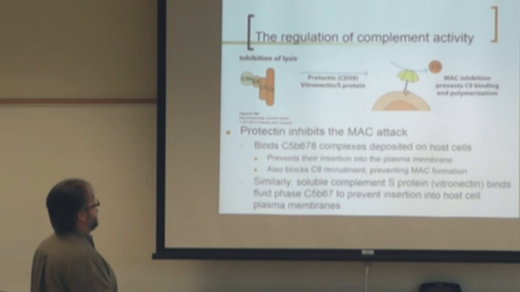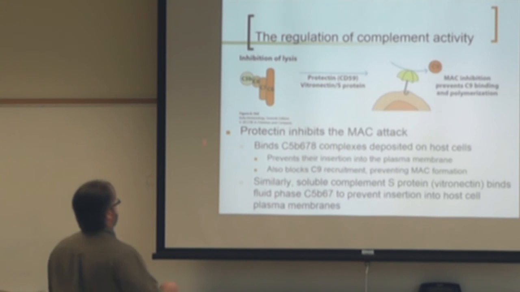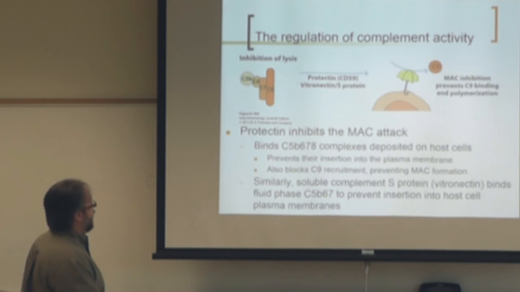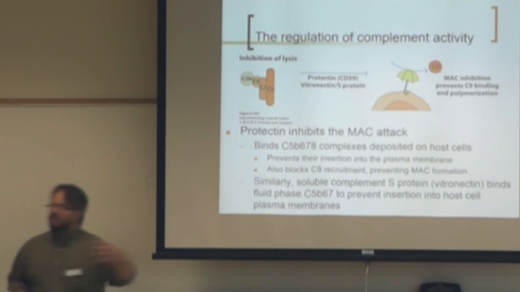They are going to protect our cells from C9, basically blocking C9 from even binding to our cells. They protect and inhibit the MAC attack. So you're stopping that from happening. Our cells have evolved to have these things, whereas bacterial cells do not, in general.